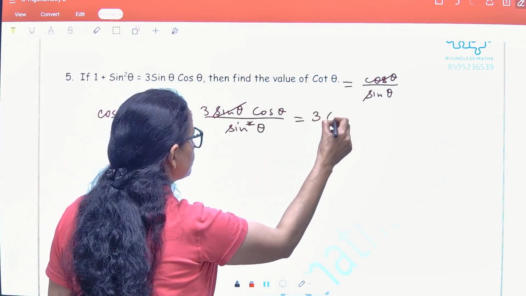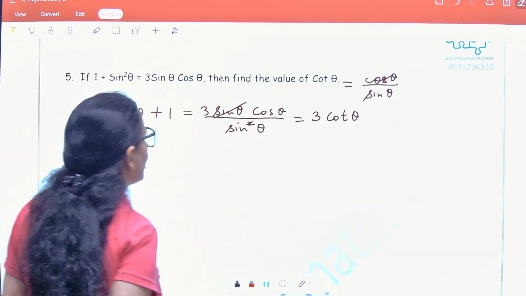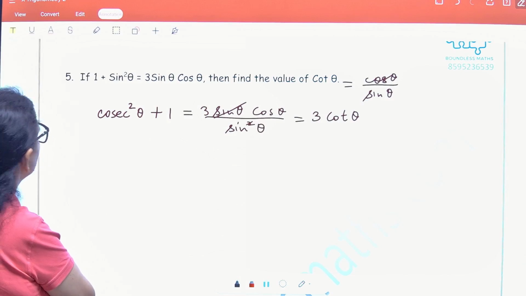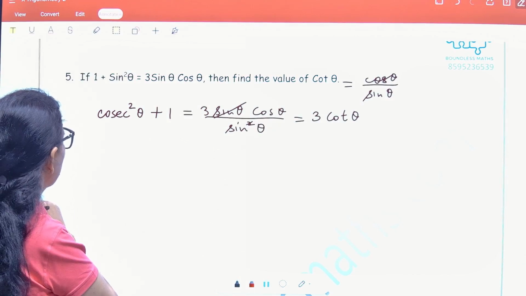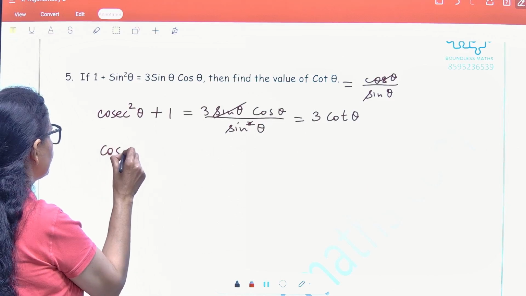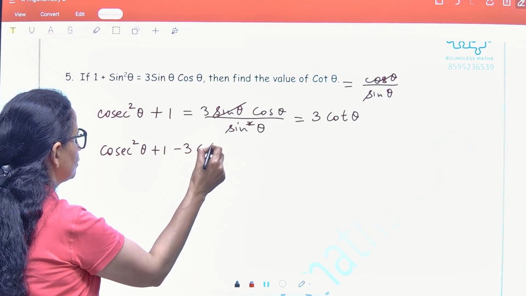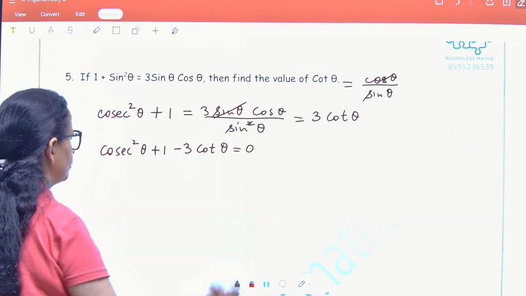So right side becomes 3 cot theta. Now again bring 3 cot theta to the left side. So it becomes cosec² plus 1 minus 3 cot theta, and this is equal to 0.